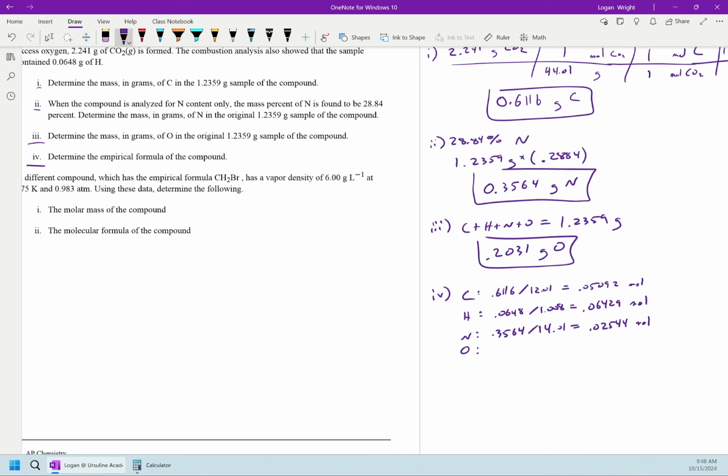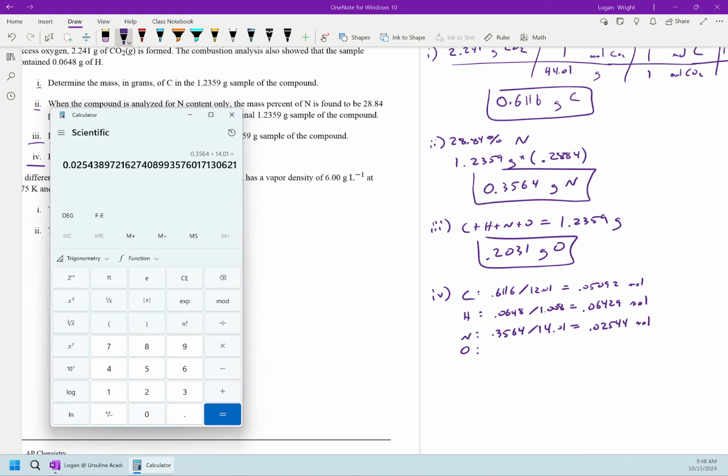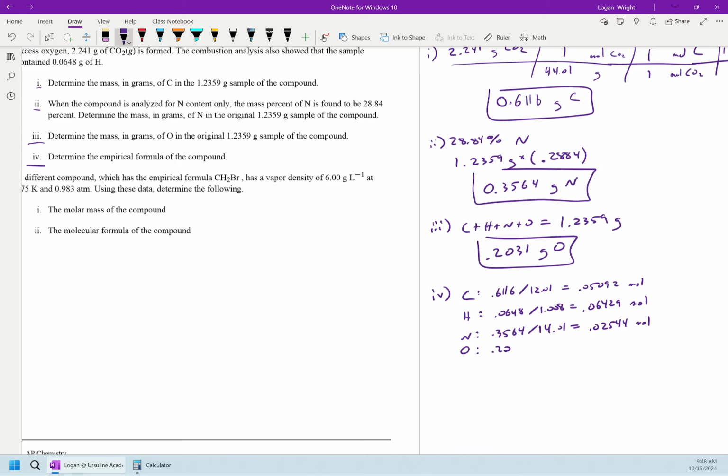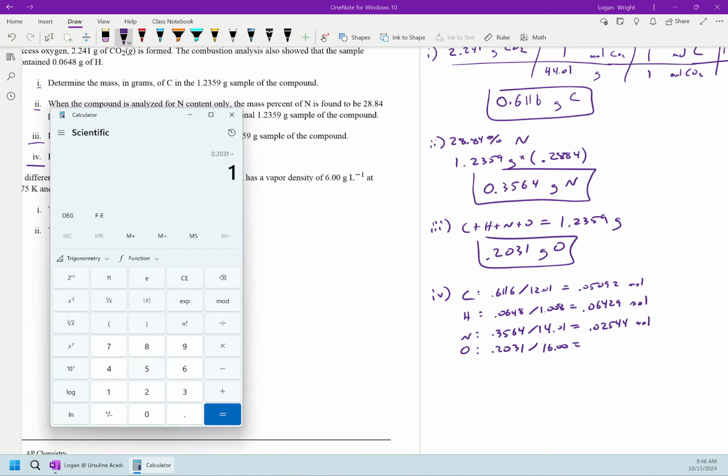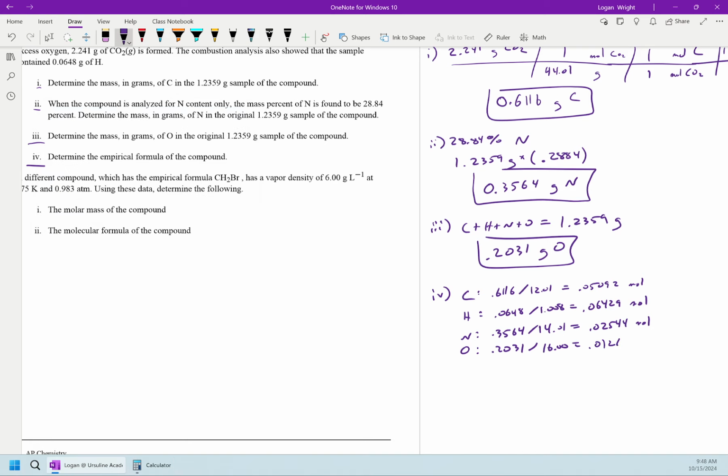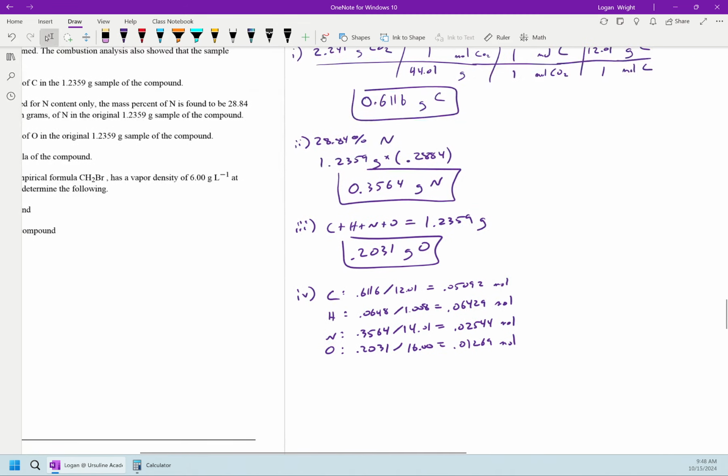And then finally oxygen, I have 0.2031 divided by the molar mass of oxygen, 16, and I get 0.01269 moles of oxygen. So that's how many particles I have.